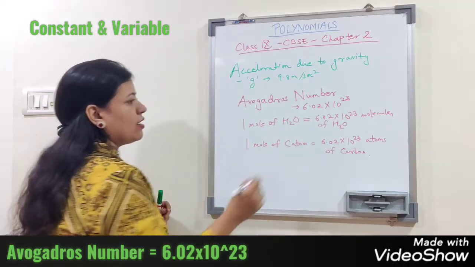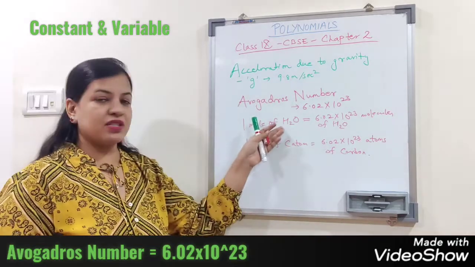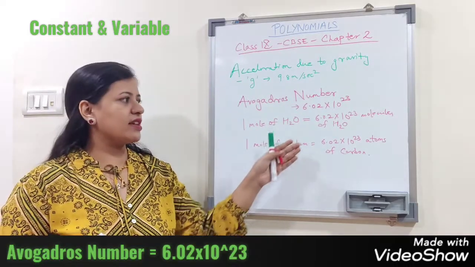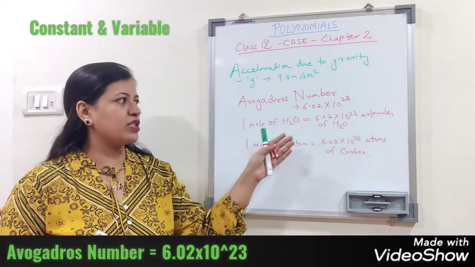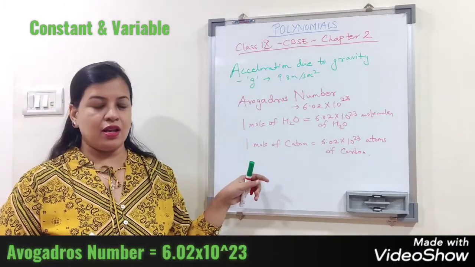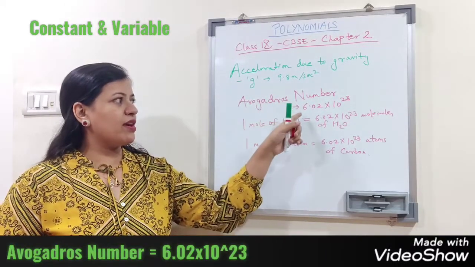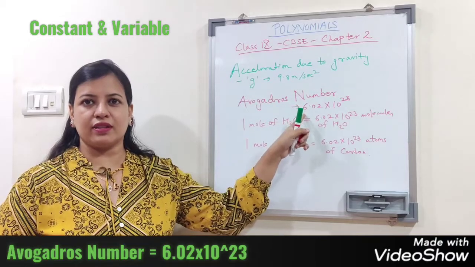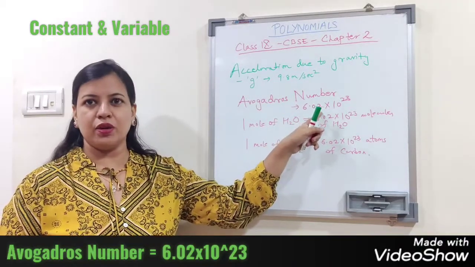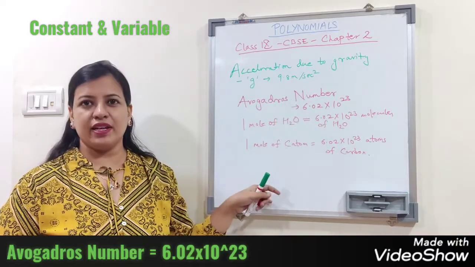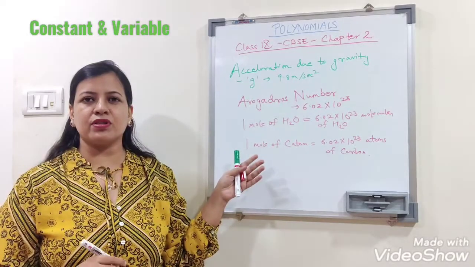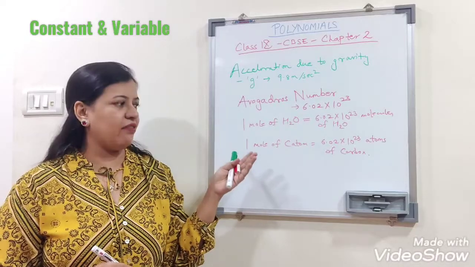So you see, Avogadro's number always remains constant, fixed in its numerical value, which is 6.02 into 10 to the power 23. So that's about the everyday examples of constants in daily life.